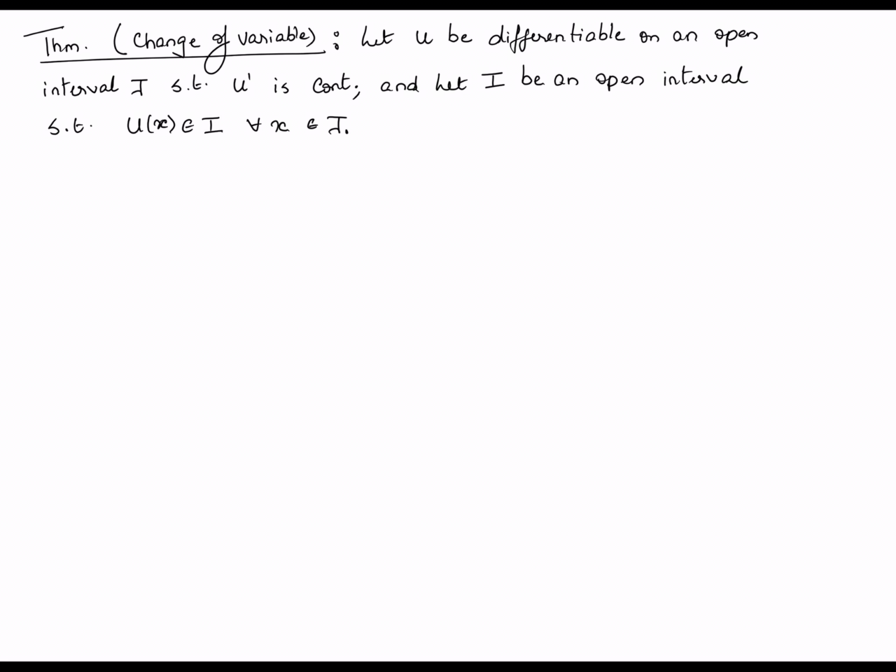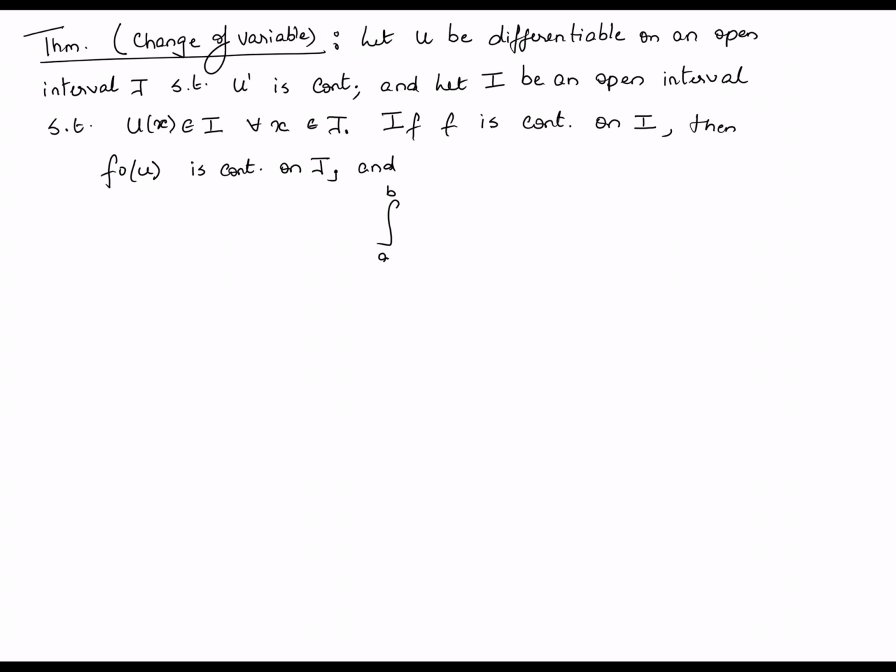Okay, now let f be a function that is continuous on I. Then if you look at the composite function f of u, this is continuous on J, right? And the following is true.